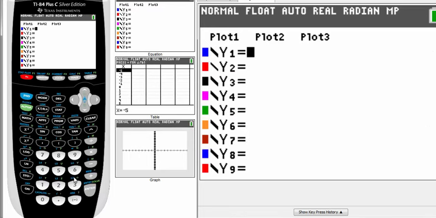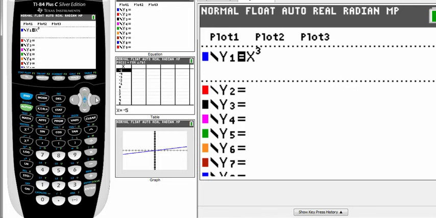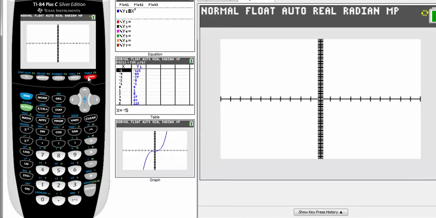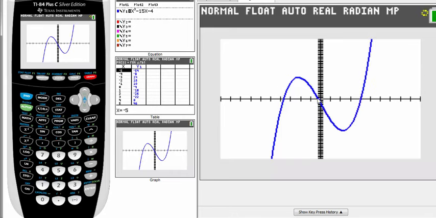I foolishly erased our graph, which was x cubed minus 15x minus 4. Okay, so we found this one already. The one I think we found was between 0 and negative 1 is here, and between negative 3 and negative 4 is here.